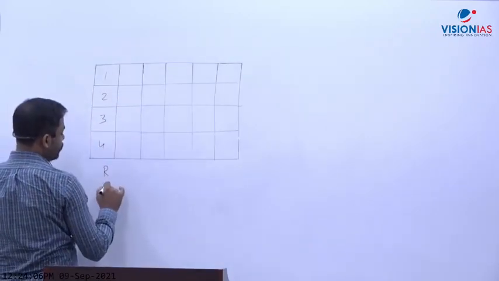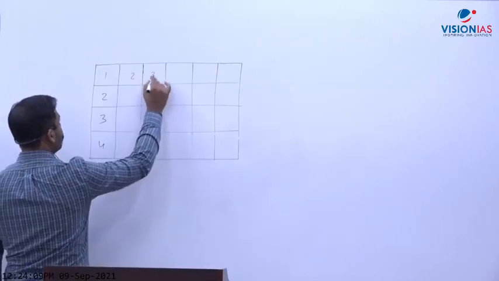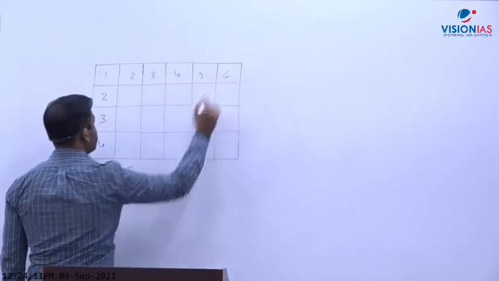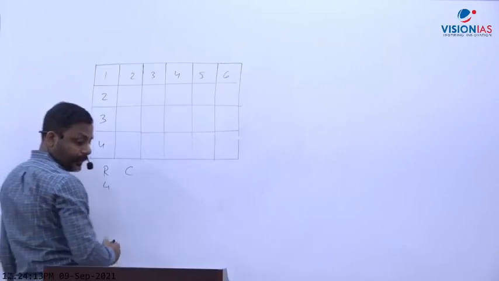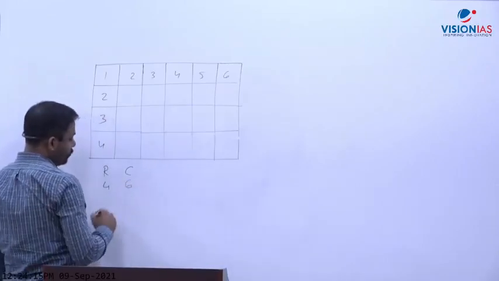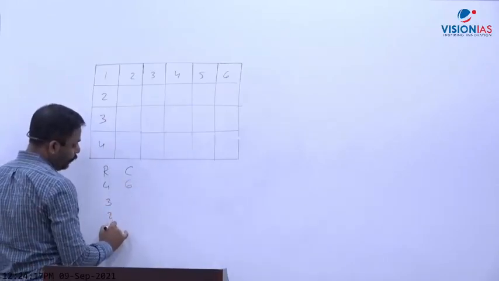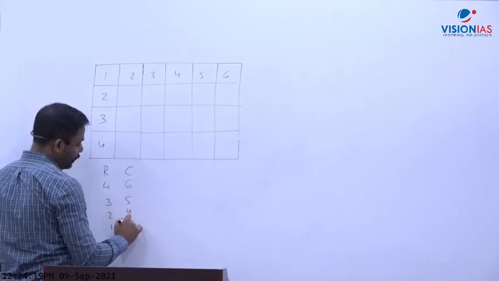So value of row is 4 and that of column is 3, 4, 5, 6. We have 6 columns in it. 6 columns are there. So now 4, 3, 2, 1 and 6, 5, 4, 3.